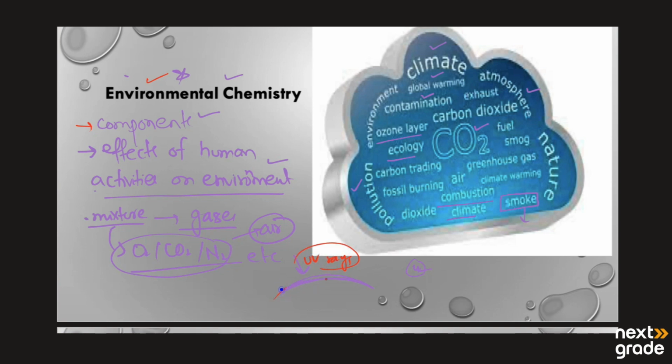That ozone layer, how it works and how it is formed and how it protects us, we will study under the environmental chemistry, and how the human activities are polluting the environment, and how their activities are changing day by day and changing the environment. We will study it under the environmental chemistry.